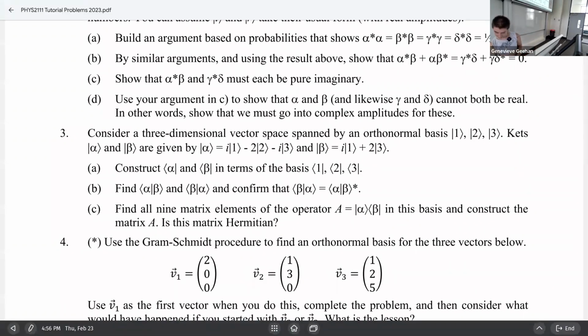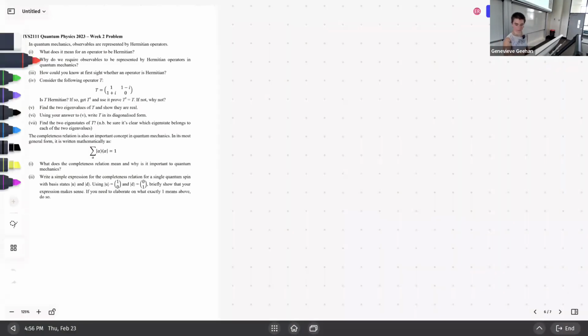Okay. So 2D. Suppose that alpha star beta is purely imaginary, and let's say alpha and beta are unknown complex numbers.